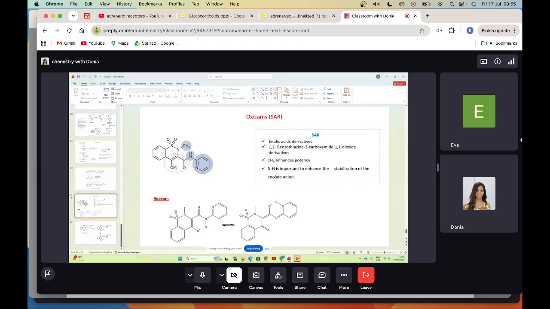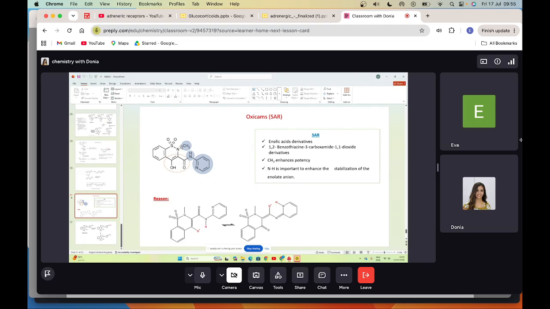The oxicam has something called the benzothiazine. What is benzothiazine? I have a benzene ring, and this is thiazine. Thiazine means a six-membered ring. Thi means sulfur, az means nitrogen.